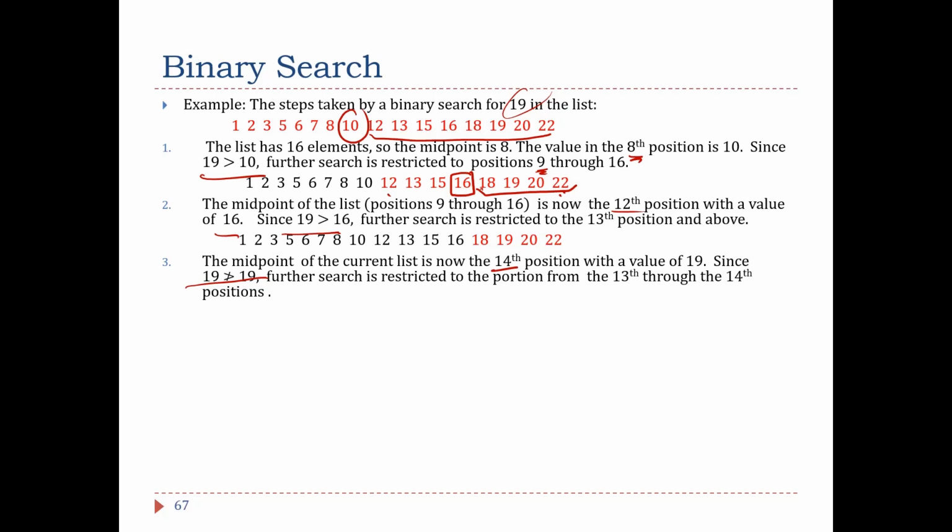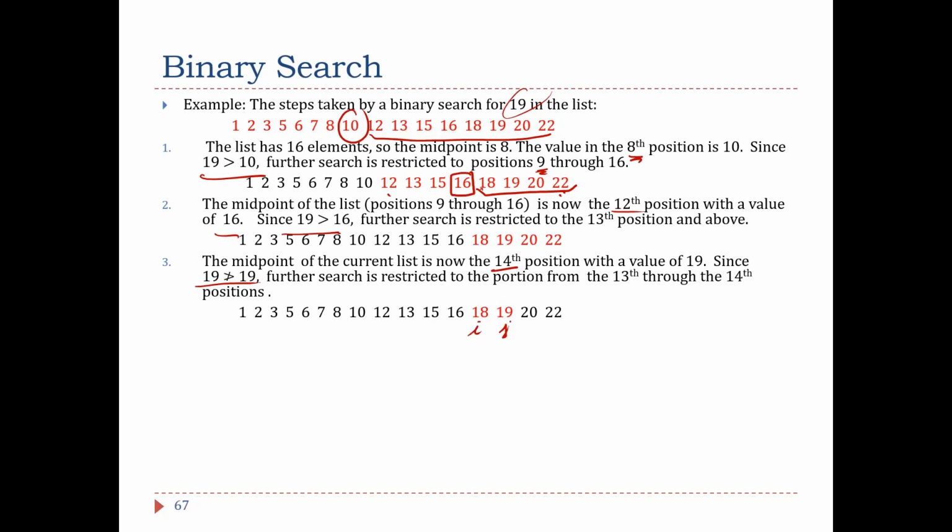So 19 is not strictly greater than 19. In this case, we move j backward. So we assign j to the midpoint here, and we still have I there.